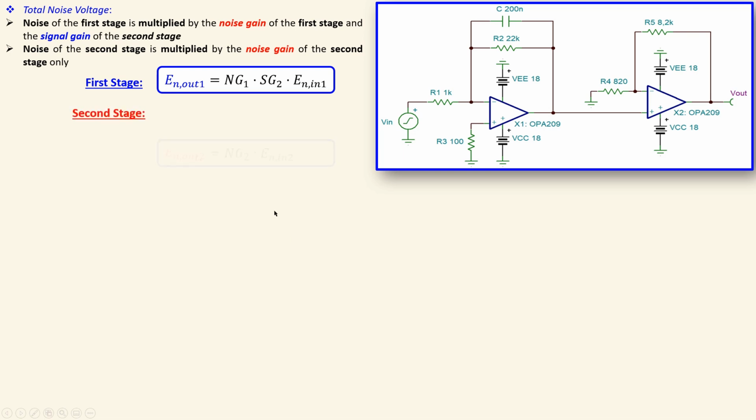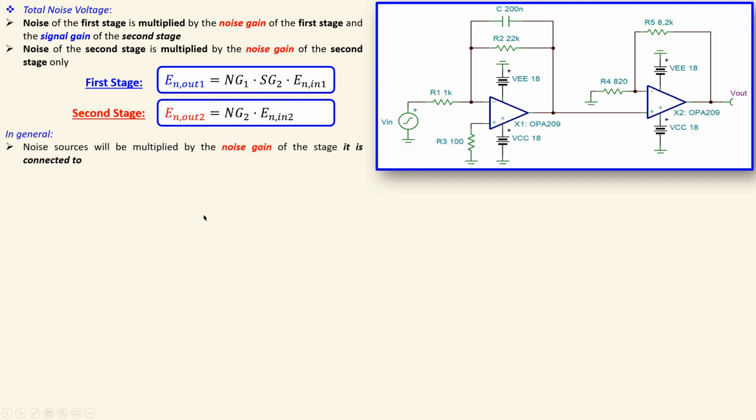Okay, now looking only at the second stage, we can say the output referred RMS noise voltage due to that second stage only is the noise gain of that second stage times the input referred RMS noise voltage of that second stage only. So that's actually the expression. Now we will of course need to add them up to get the actual total output referred RMS noise voltage. So in general, we can say the following for any circuit in cascade.